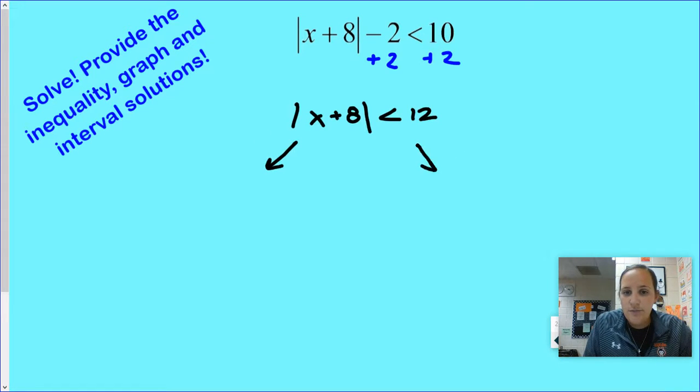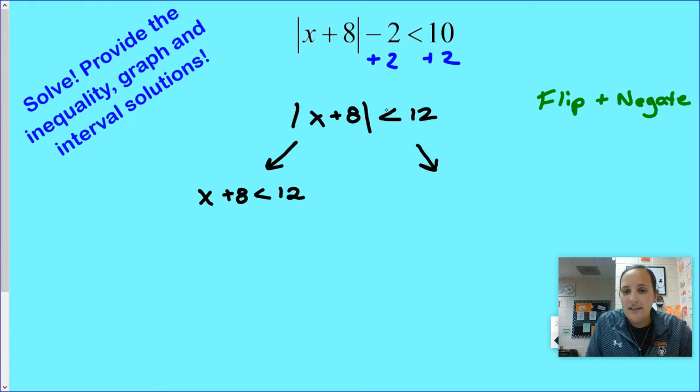What I need to remember to do is flip and negate. Means make negative, right? So I need to flip my sign and I need to negate. So here I have x plus 8 is less than 12. I'm going to need a word in between here.